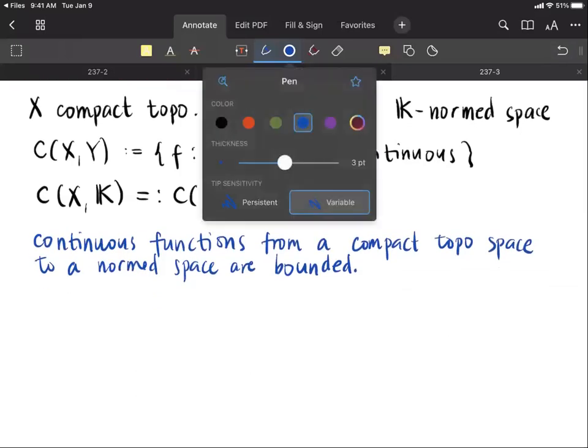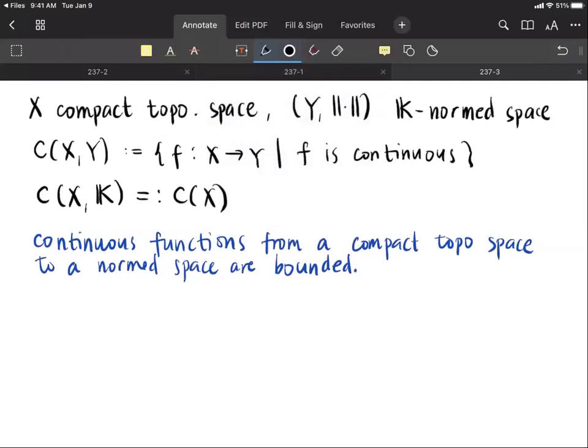In other words, the space of continuous functions from X to Y is contained in the space of bounded functions from X to Y. In fact, this is a subspace. So here, we mean that continuous functions are bounded and they form a vector subspace of the space of bounded functions.